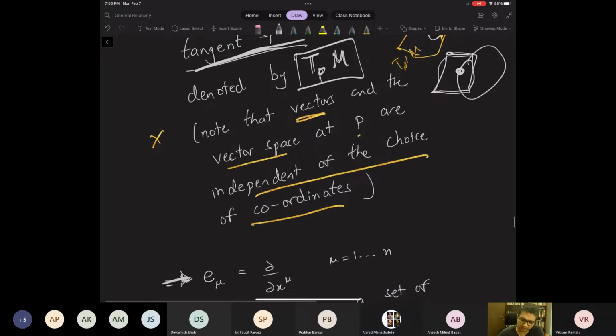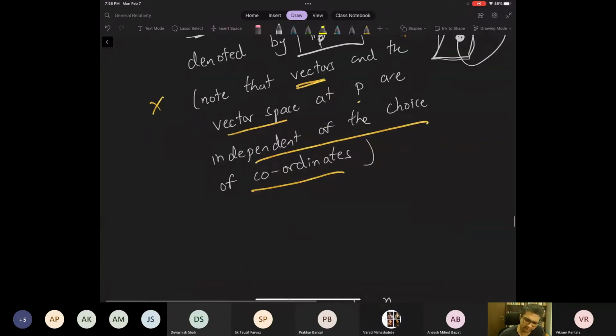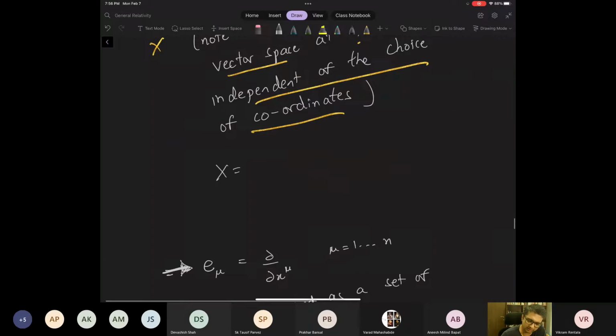That's right. Yes. I can do it in a coordinate representation, and you can see that easily. If I take one vector to be X^mu partial_mu, which is like the velocity along a particular curve, and I take another tangent vector Y^mu partial_mu, then combining them, I can add them with arbitrary coefficients.